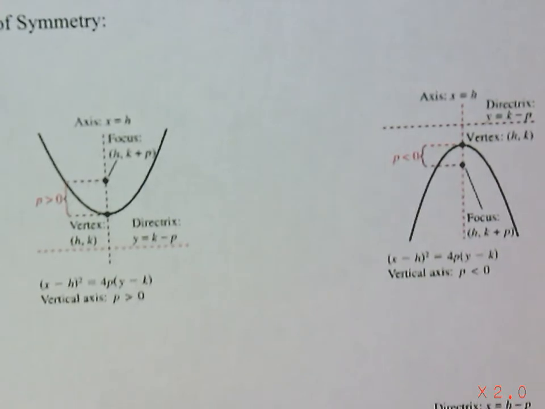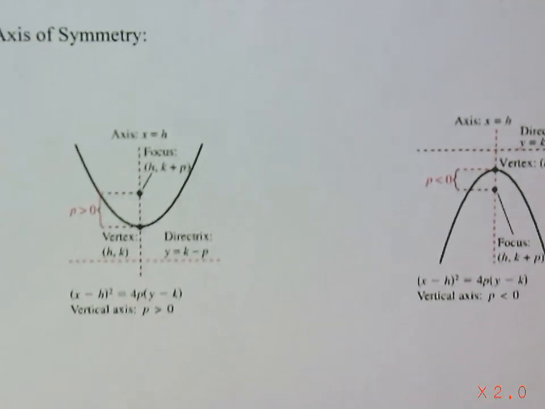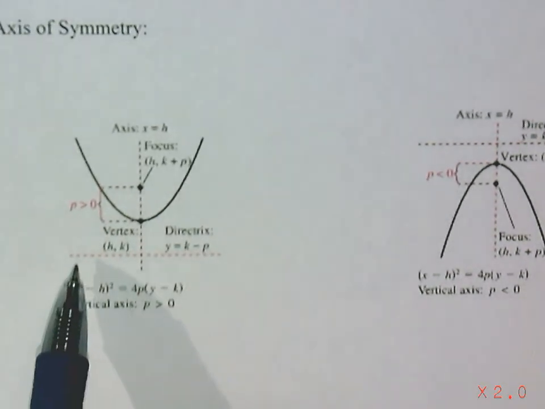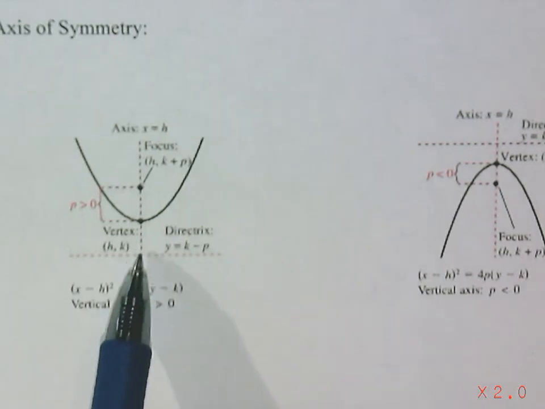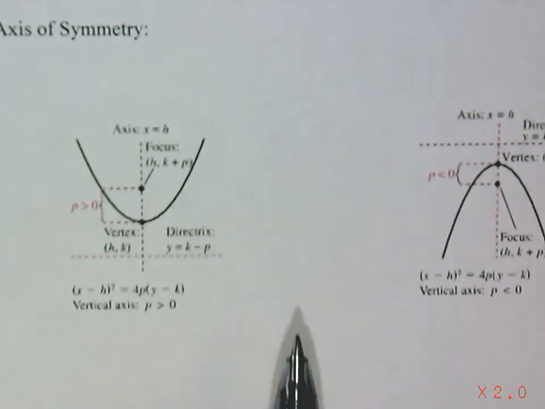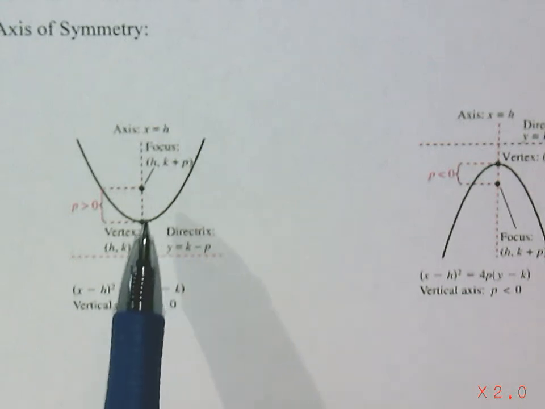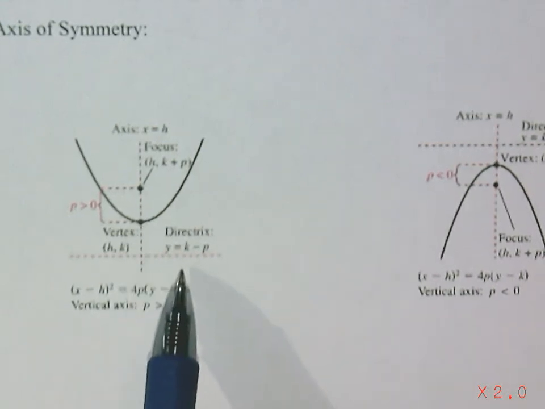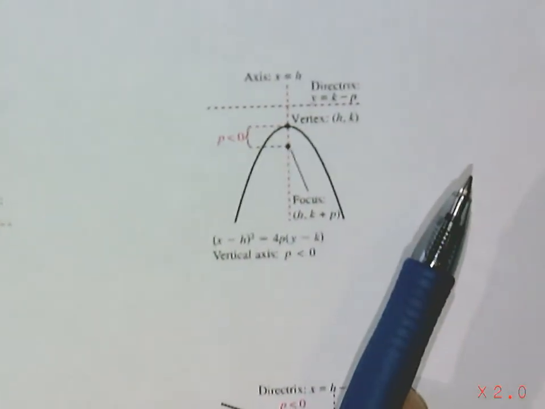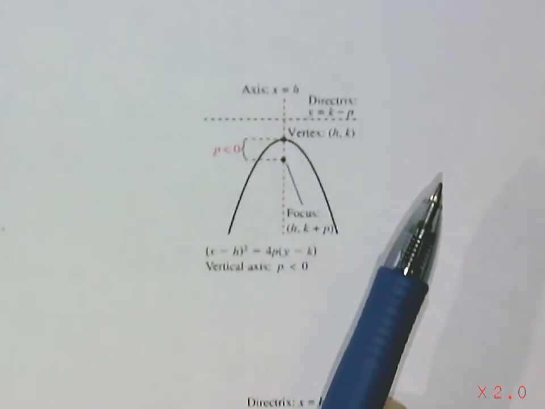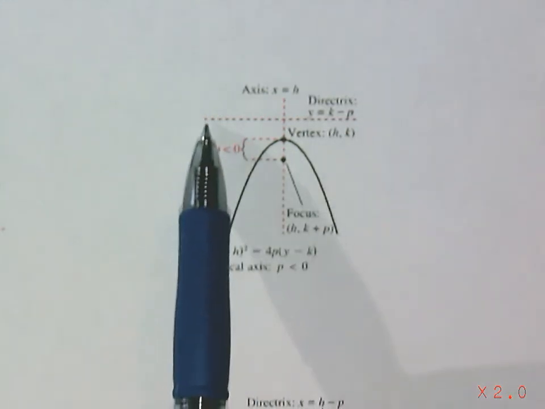The next thing we're going to look at is the directrix. A directrix is a dashed line. It's not part of the parabola, but it's a distance p away from the vertex in the opposite direction from the focus. So in this formula, y is equal to k minus p. It's a horizontal line, so it's going to be y equals. Here's my directrix here.